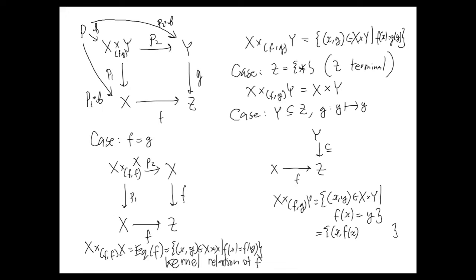So it's the set of pairs x, f of x, where x is in X, but the y, which is f of x, should be in Y. So also we should put here that f of x must be in Y. So it's not all pairs x, f of x. It's those pairs x, f of x where f of x is in Y.